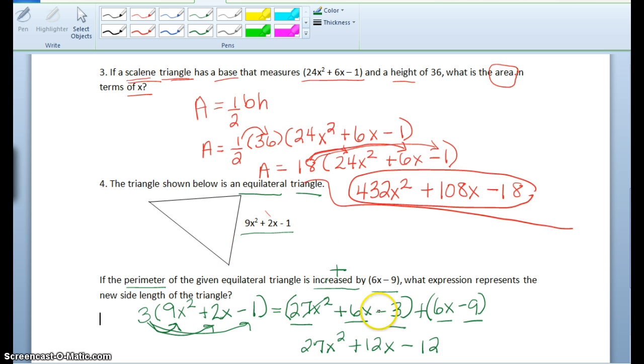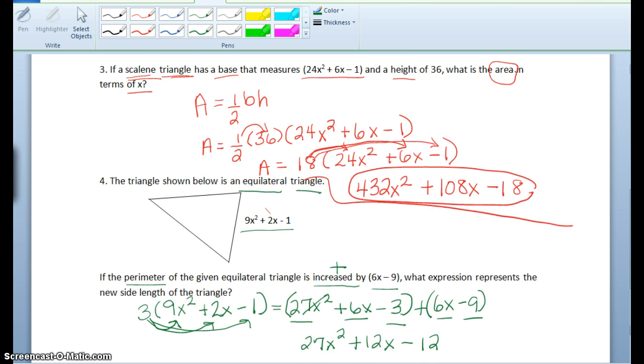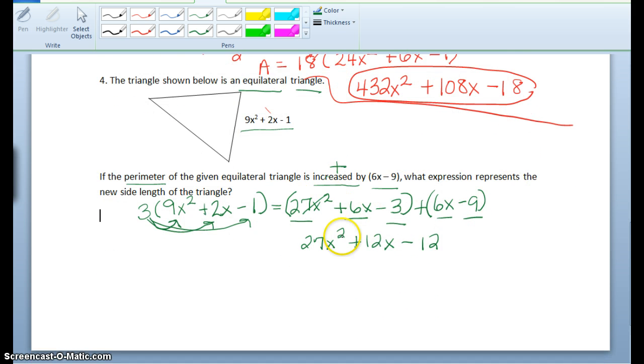So we have the perimeter, and we've increased it by 6x minus 9. Now it says what expression represents the new side length of the triangle. Well, if this is the new perimeter, and this is still an equilateral triangle, so that means all three sides are the same, all we have to do is divide the perimeter by 3. So that way we'll get 3 equal side lengths.